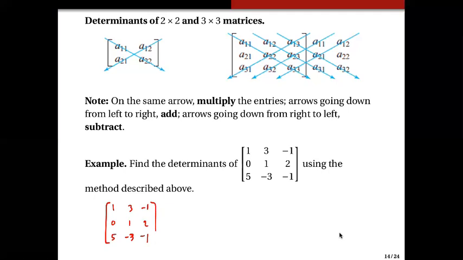And then we augment the first two columns, 1, 0, 5, 3, 1, negative 3. Okay? And then here we have the going downs from left to right.